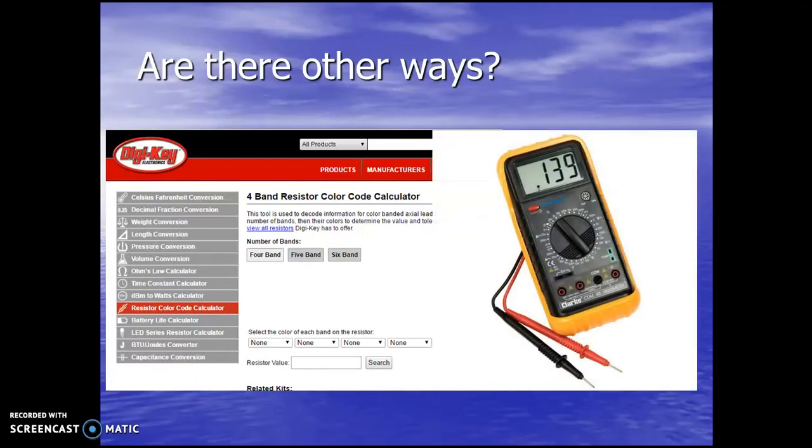Well, an obvious thing to do is just measure it. And then we are a little less concerned as well about the precision, because we can measure the resistance of the resistor directly. And so I confess, I don't often use the bands on the resistors. I can recognize a few of them by sight, but usually I just measure them when I'm building my invention.